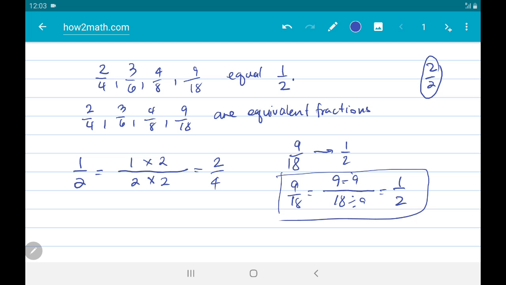When you reduce fractions to lowest terms, you are getting an equivalent fraction whose numerator and denominator are not divisible by any number. So that's already in lowest terms.